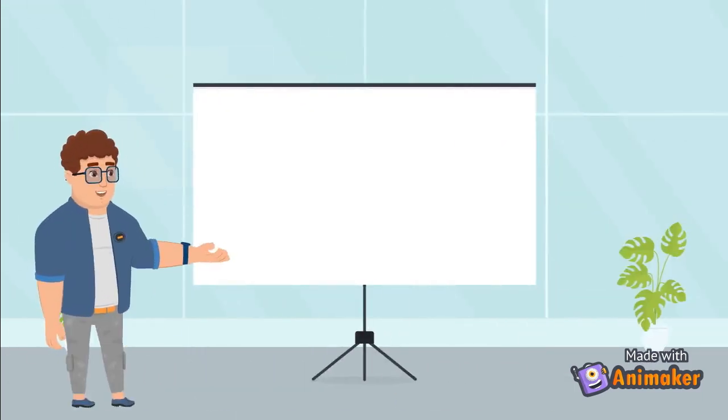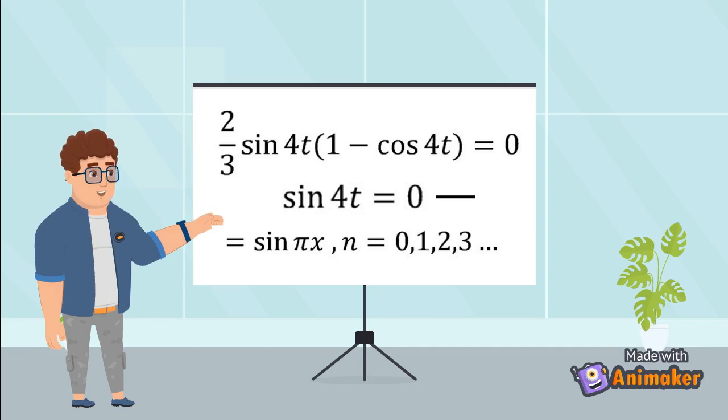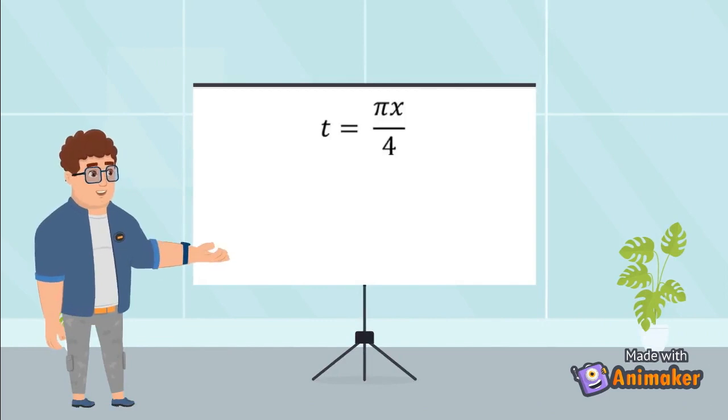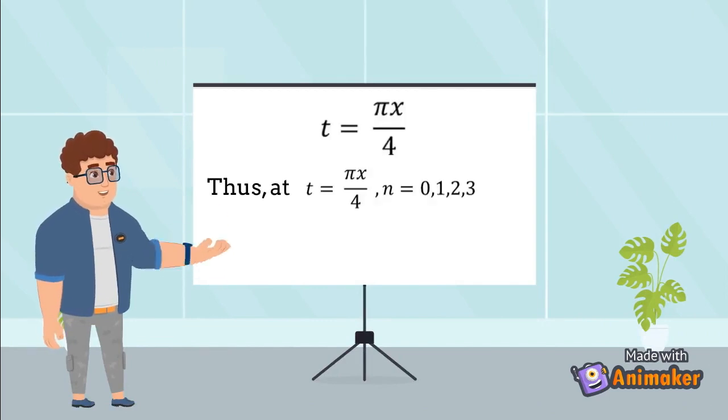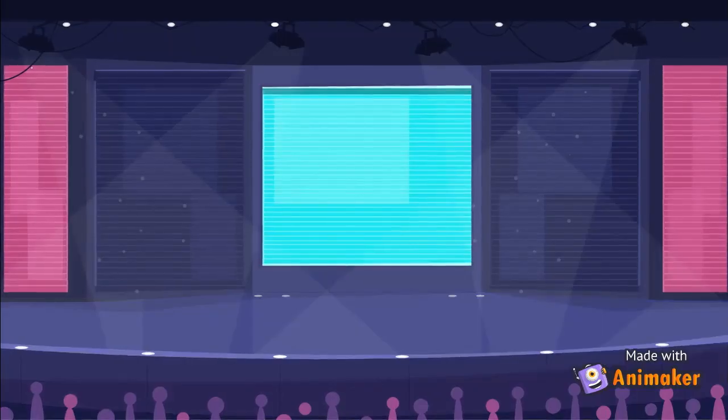So then we get 2/3 sin 4t multiplied by (1 minus cos 4t) equals 0, and sin 4t equal to 0, then t equals n pi over 4, where n equals 0, 1, 2, 3. So, in conclusion, at t equals n pi over 4, where n equals 0, 1, 2, 3, the mass passes through the equilibrium position.